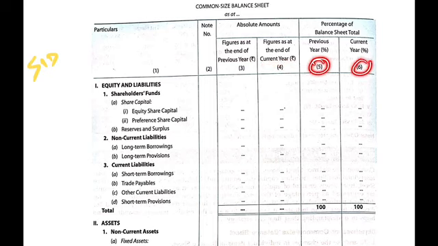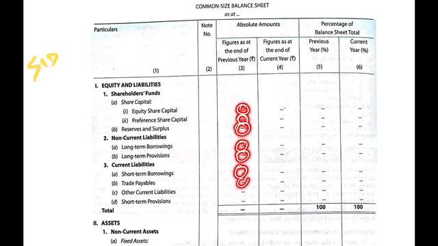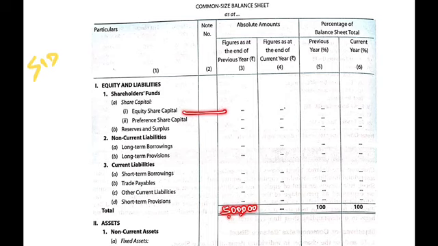Now, the most important columns are the 5th and 6th. The fifth column is the percentage of balance sheet total. That is, we need to express each and every item as a percentage of the total of the balance sheet. Suppose the total of the balance sheet is 5 lakh and equity share capital is 1 lakh.